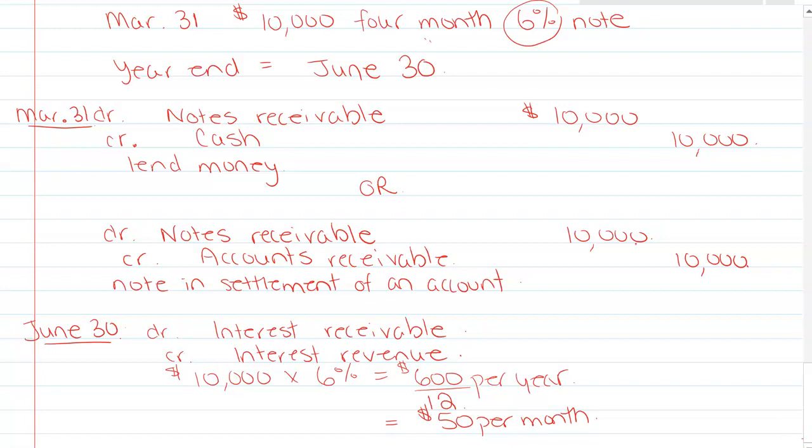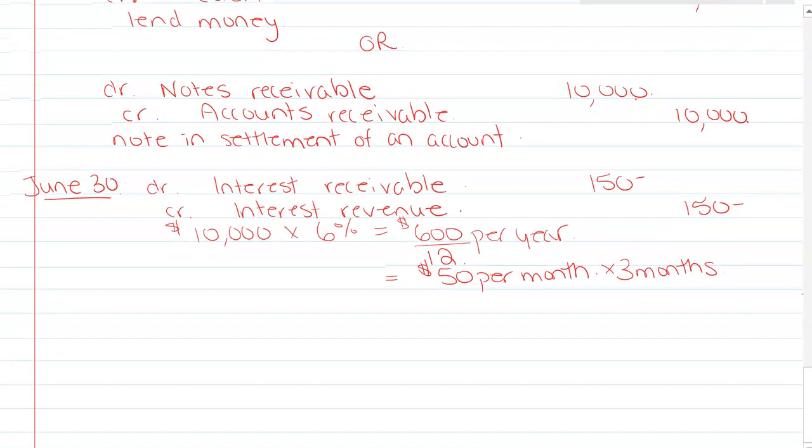So then I would have 3 months worth of interest that I'm going to accrue. So that'd be all of April, all of May, and all of June. So that's 3 months. So that'll be $150. And once you make that journal entry, then we can just go to the end.